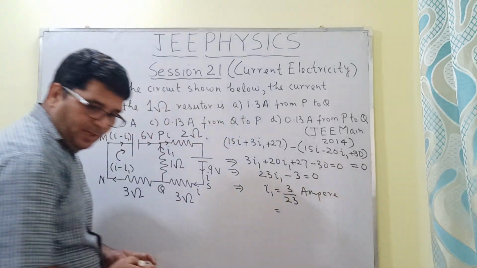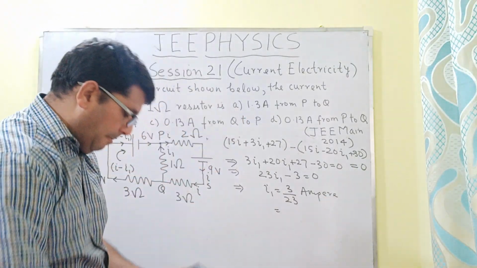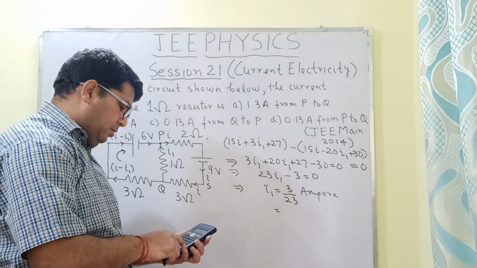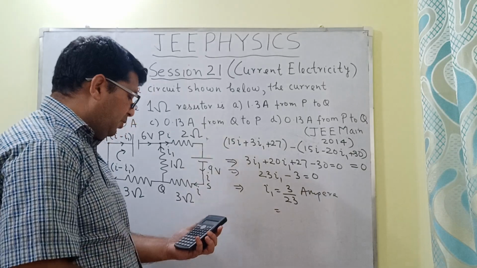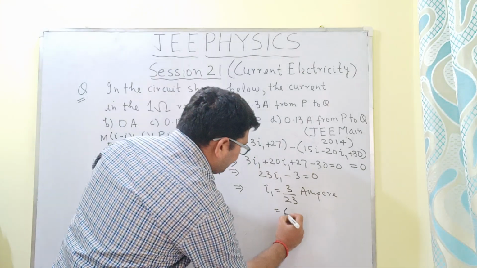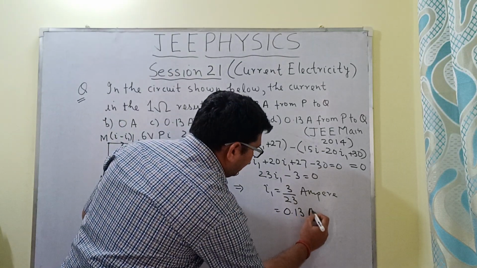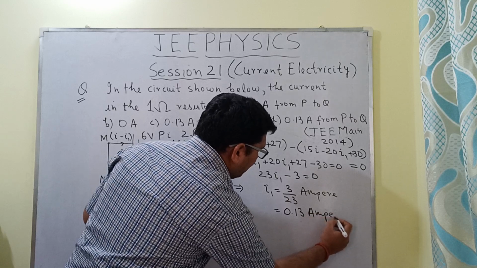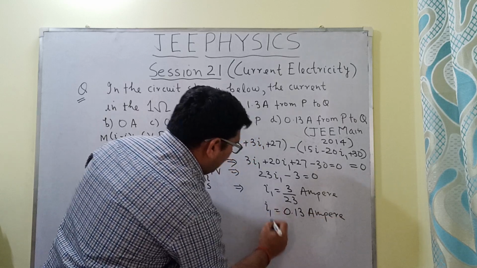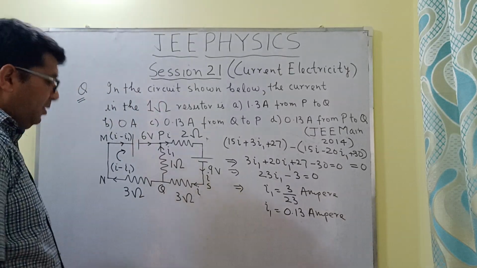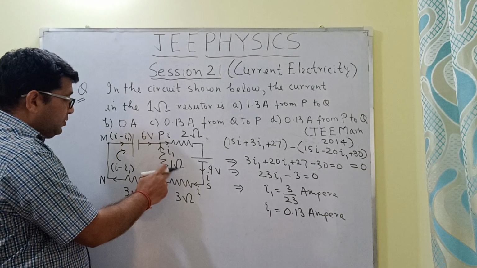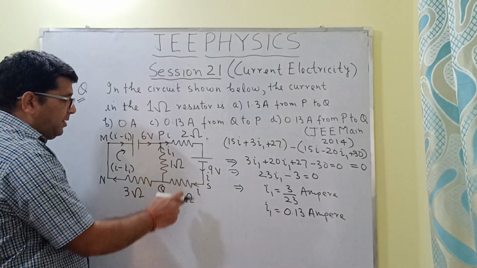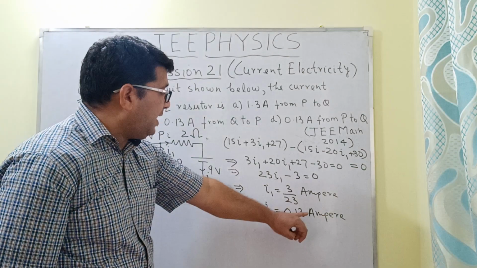So if I just calculate it, 3 divided by 23, this will be equal to 0.13 ampere. So the current which is flowing through this resistor, that is the 1 ohm resistor, is equal to 0.13 ampere.